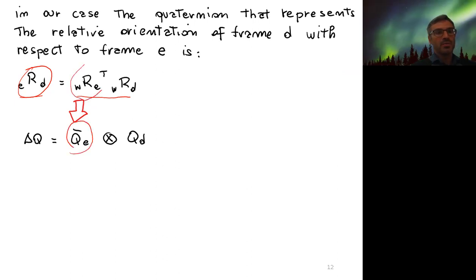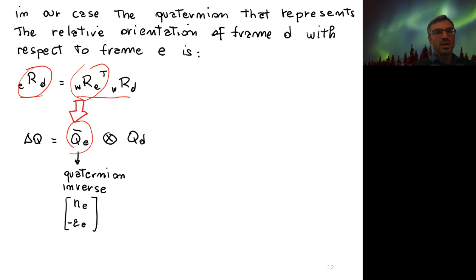So this is the inverse of the rotation matrix from world to end effector. The quaternion QE, which is related to WRE, should be inverted too. To do the inversion, in essence, we flip the vectorial part. This is the scalar part, mu E, and epsilon E is the vectorial part. To compute the inverse of the quaternion, we just flip the sign of the vectorial part.